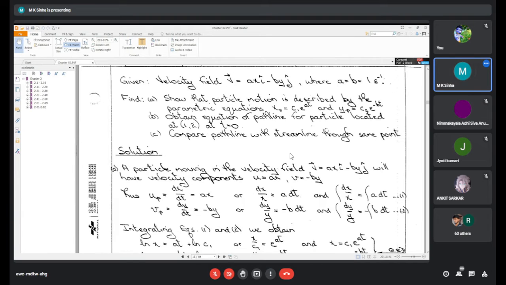And this velocity along the x-axis or y-axis of the particle is nothing but dx by dt and dy by dt, and u is ax, v is minus by. So integrate it: dx by dt equal to a, a constant, so dx equal to a dt, dy equal to minus b dt.